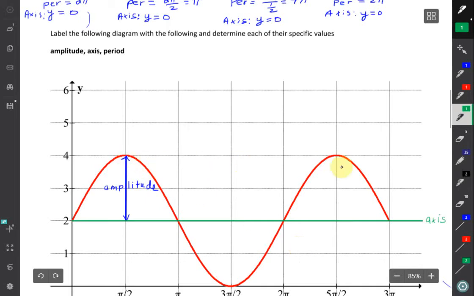I'm going to go peak to peak in this case. So from here to there is the period.